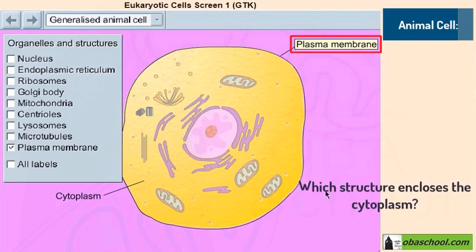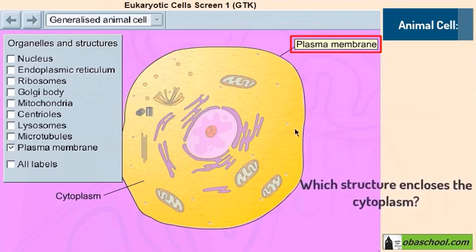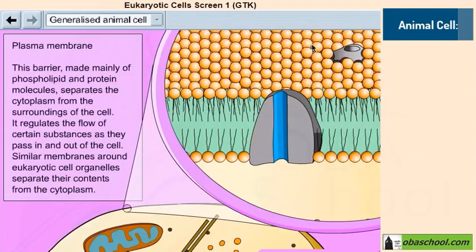The plasma membrane is the structure that encloses the cytoplasm. It is usually a barrier. It separates the cytoplasm from the surroundings of the cell. It also regulates the flow of materials or substances such as proteins or ions that pass in and out of the cell.